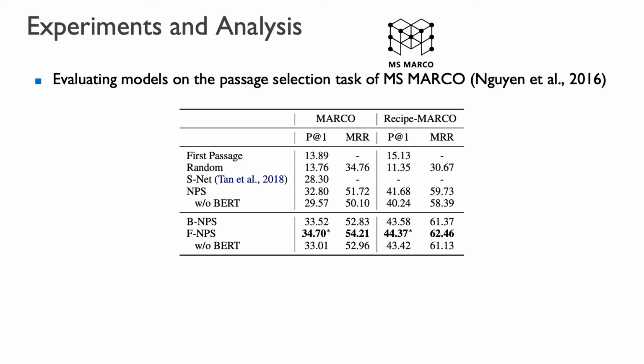And FNPS stands for fine-grained embedding for neural passage selection. From this table, we see that by encoding the additional fine-grained embedding information from the metadata, it consistently improves over the baselines, which do not include this information. And the fine-grained encoding of the metadata predicates gives further improvements as compared to the basic encoding of the metadata information.